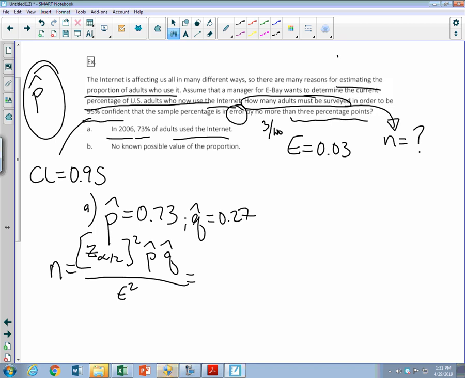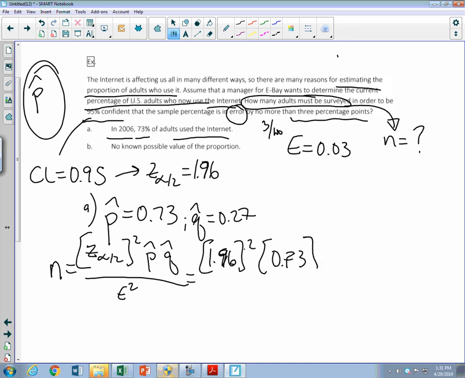And for a confidence level of 95%, we know that the corresponding critical value, we can pull that right off of our z-score table, is 1.96. So we're going to square the critical value and then multiply it by p-hat and q-hat, all over our 3 percentage points squared.